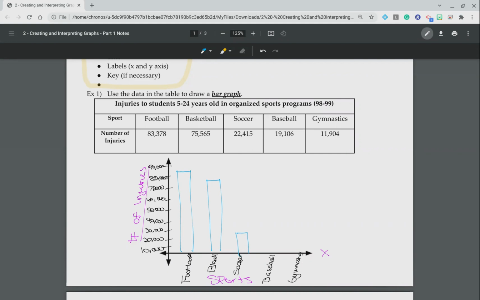Baseball, I had 19,106, so just under that 20,000 mark. And then gymnastics, I had 11,904. So just above 10,000. Okay, so that would be an example of a bar graph.